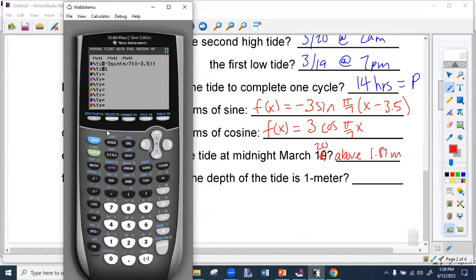Now, before I go to my graph, I'm going to change my table so that it matches what I have on my paper. Table settings, window settings allows me to change. What do we have on our paper? We have from -2 to how high? 14 on our x-axis.